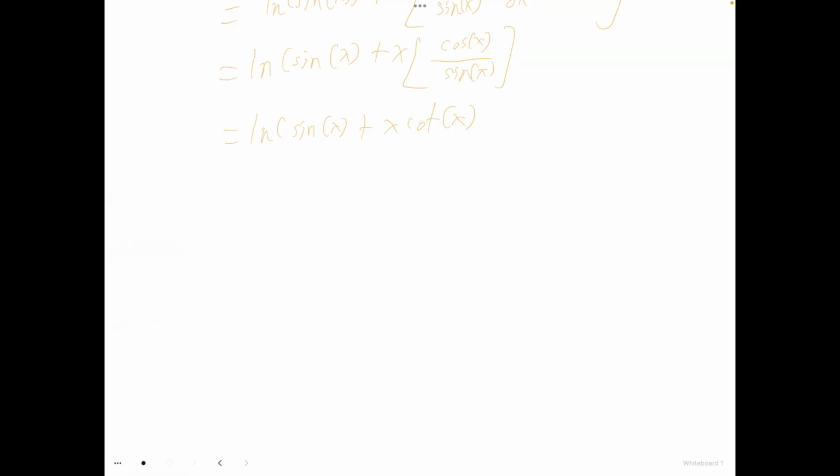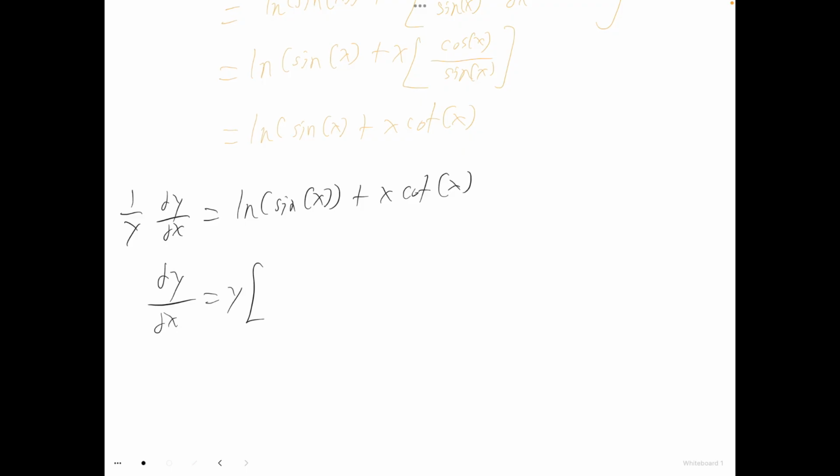So setting the sides equal, we have 1 over y, dy over dx is equal to ln of sine of x plus x cotangent of x. Then dy over dx is then y times ln of sine of x plus x cotangent of x. But y was sine of x to the x.